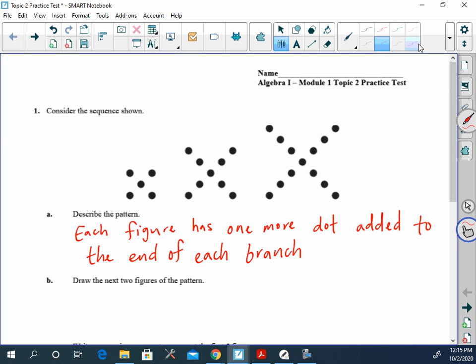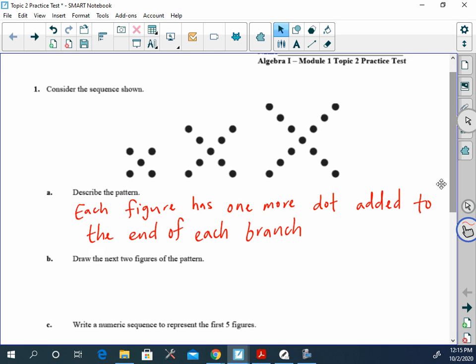And then when you get to drawing the next couple here, we essentially just want to take this picture and add a dot to each of these branches, and that'll give us the next one. So I am going to take that picture here and use my technology a little bit, so you'll draw this exact thing that you see up here, and then you're just going to add a dot to each of those branches.